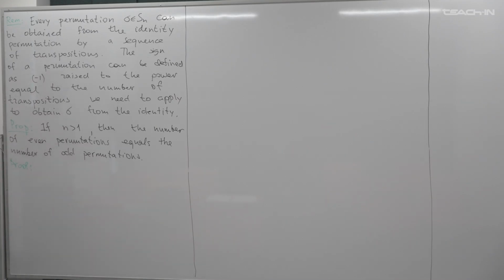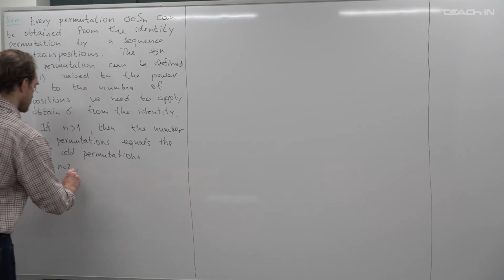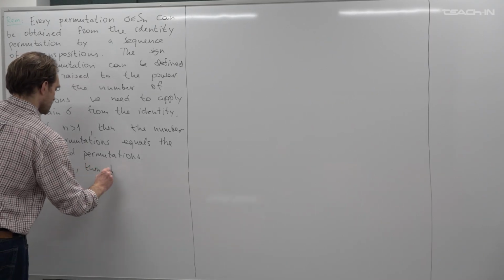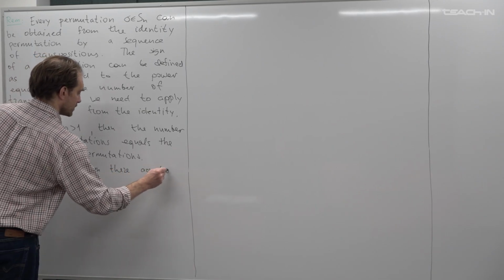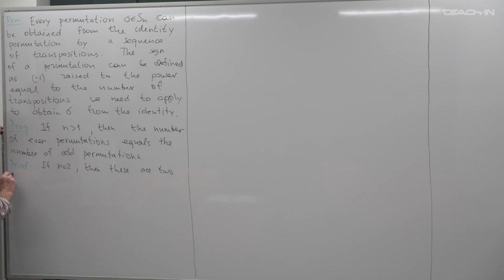So if n is 1, then there is just one permutation or one element, which is the identity, right? So if n equals 2, then there are 2 permutations. What are these permutations?